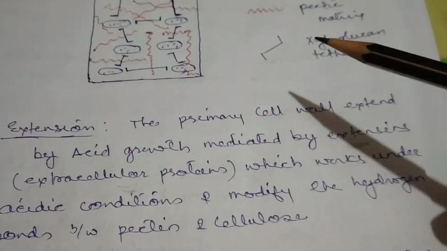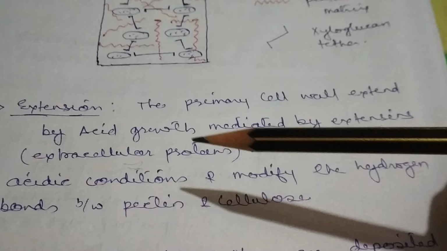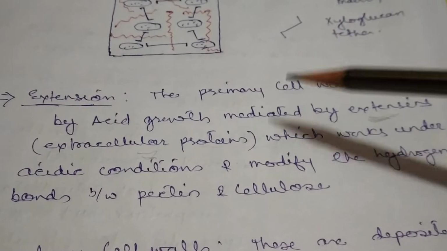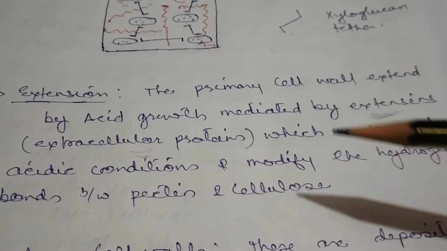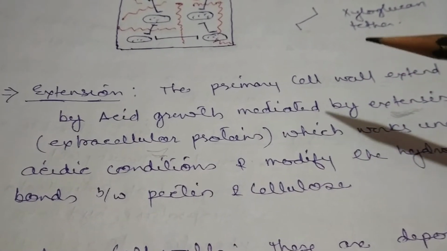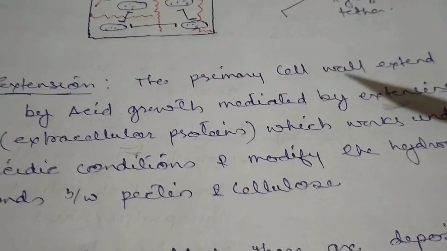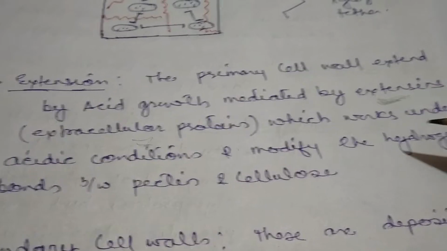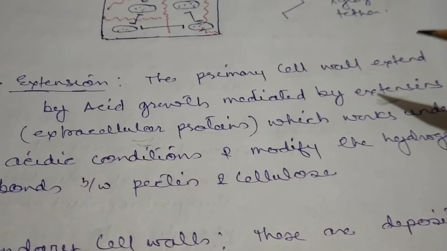Now extension: as I earlier told you, the primary cell wall is associated with a growing cell, so it needs to expand or extend according to the cell if it is growing. So the cell wall extends by acid growth, which is mediated by expansins.